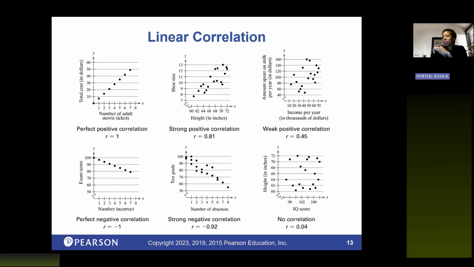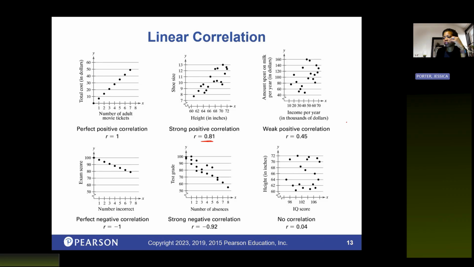So let's look at some correlations here. R equals 1, we know it's a perfect straight line. Well, what about R equals 0.81? Notice I'm still forming this line structure. It's still pretty linear. It's a strong correlation. It's strong and positive, but it's not 1.